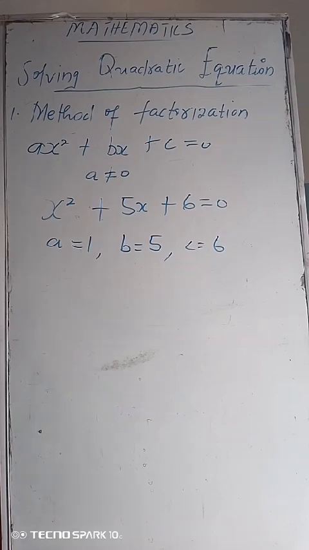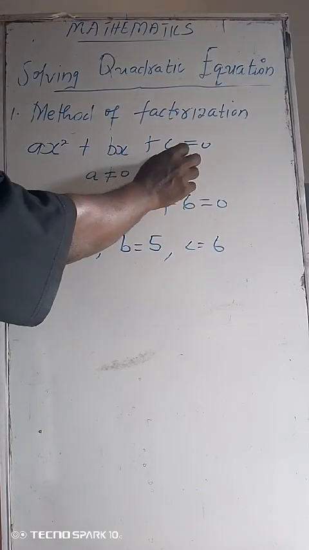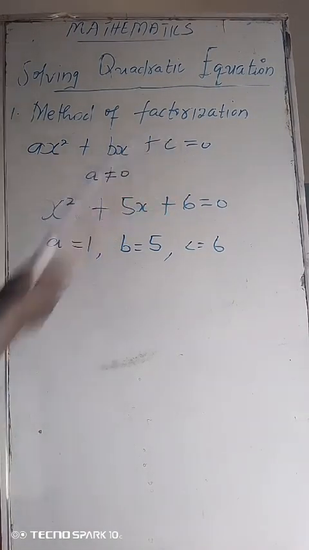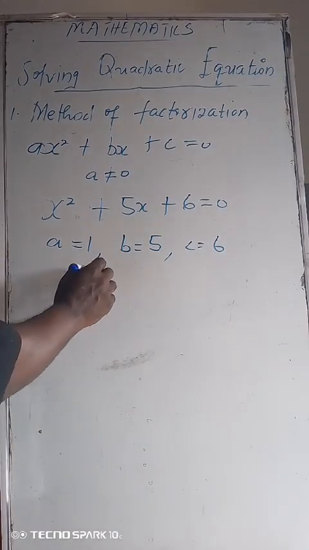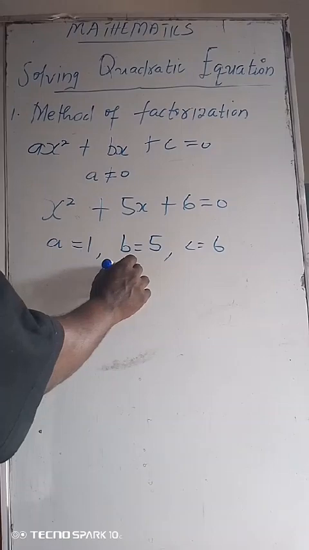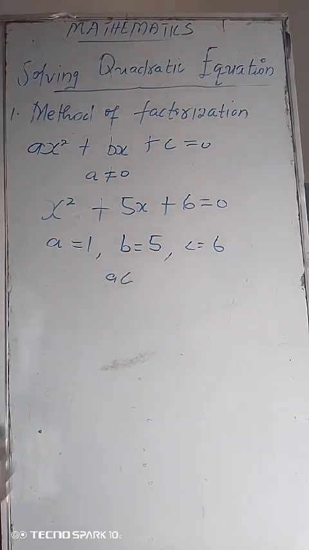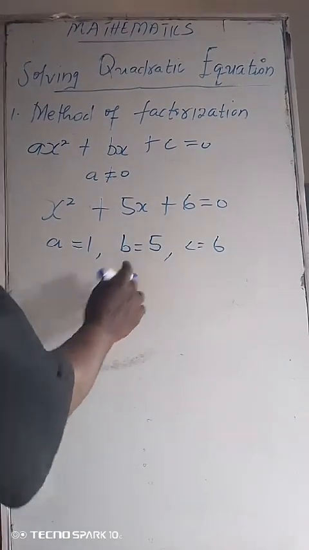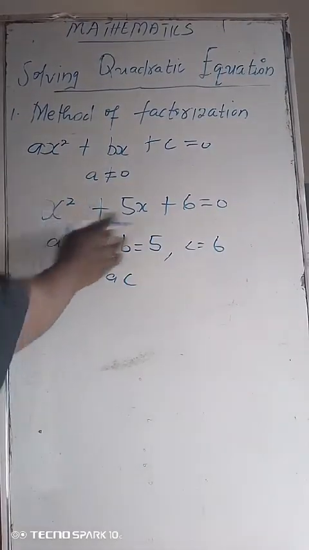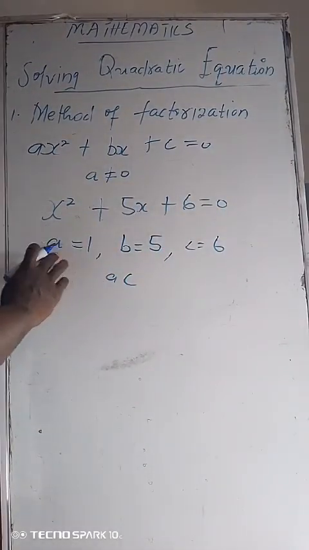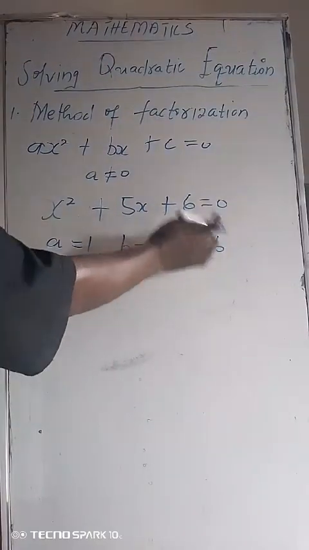So the first thing that we have to do is to find the product of a and c, the coefficient of x squared multiplied by the constant c. Don't forget that in this quadratic equation, our a is 1 and our c is 6.